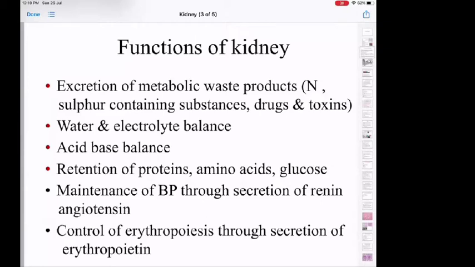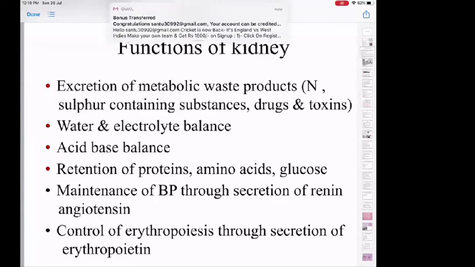Next is the retention of proteins, amino acids, and glucose. This is very important because the PCT, DCT, and loop of Henle are mainly concerned in it.